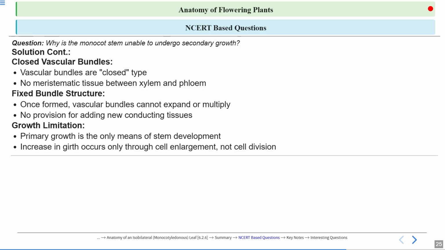But it will not be similar to the one which we see in the dicot plant due to secondary growth, due to the division of the cells. Okay. Also, most of the dicots are perennial plants. And what about the monocots? They're not perennial, right?